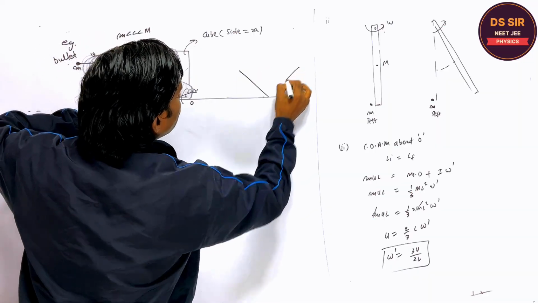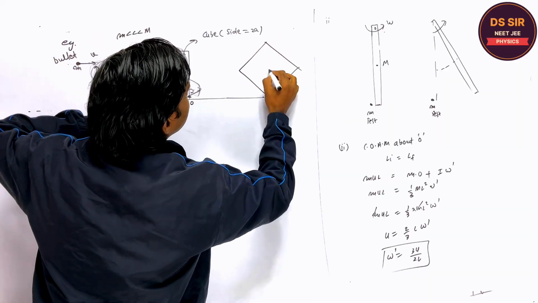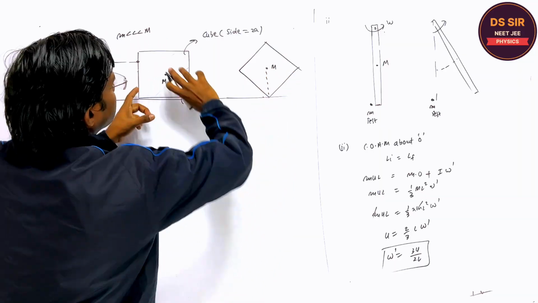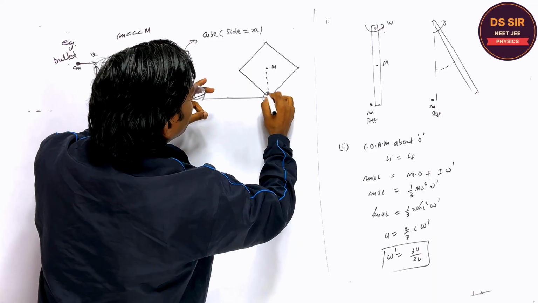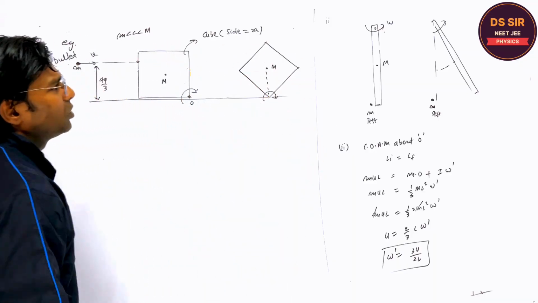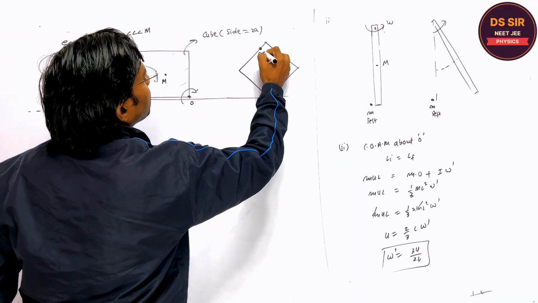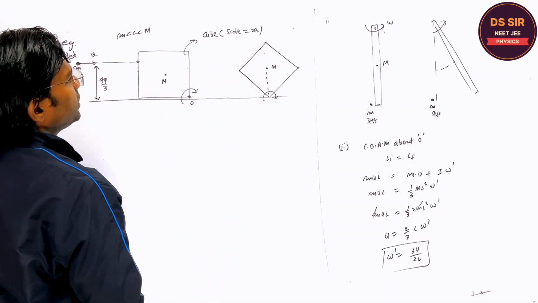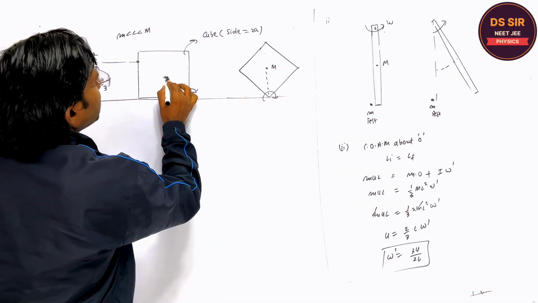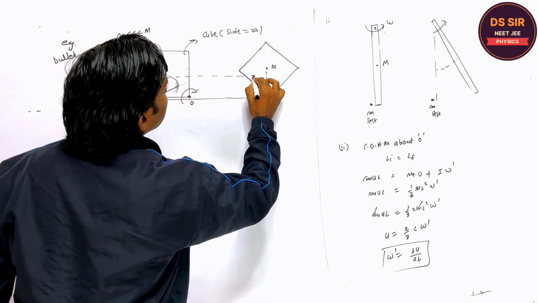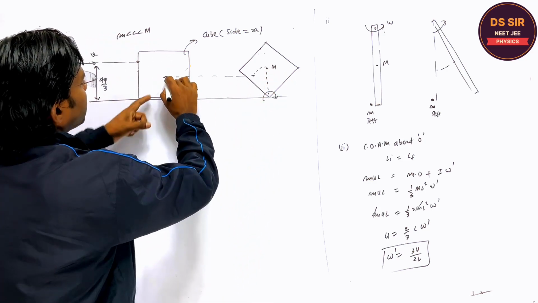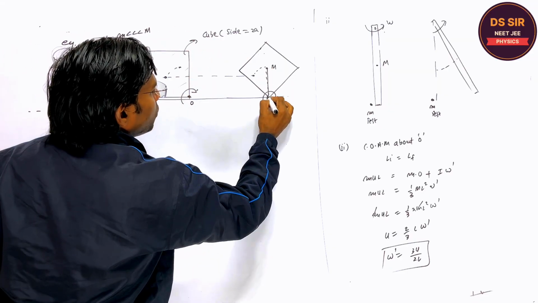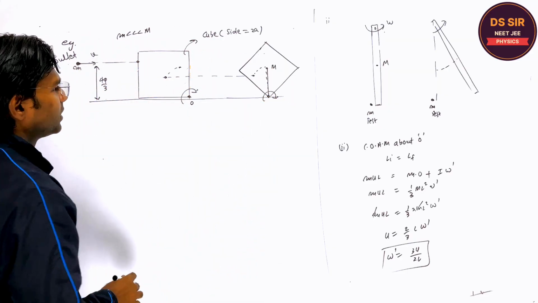If this cube becomes like this, the center of mass, it becomes like this, so it will topple on the other side. The mass m will be here, but we can ignore this mass. So this is the condition. You can think that initially the mass was over here, then it will rotate like this, and then it will topple. You understand or not?